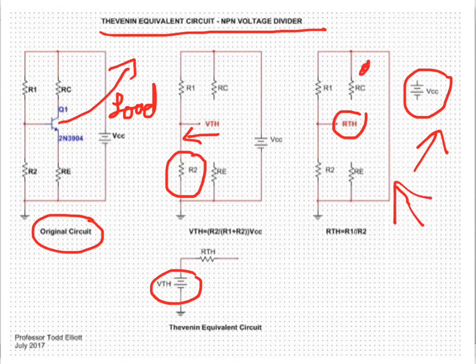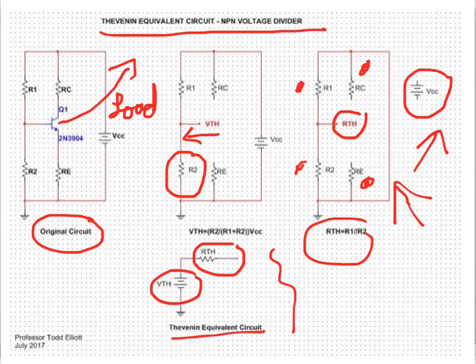Resistors RC and RE are open, so they're not going anywhere because they're dead-ended, and obviously then R1 and R2 are going to be in parallel, and what you end up with is a partial Thevenin equivalent circuit. Now we need to get the rest of it, but that's the basics. So make sure you're comfortable with that before going on.